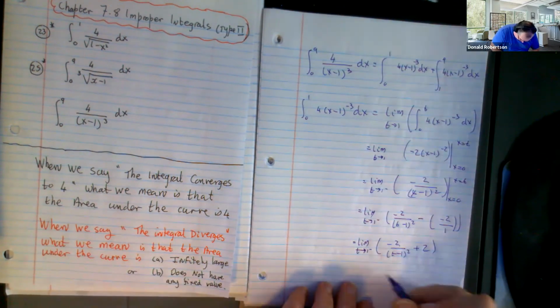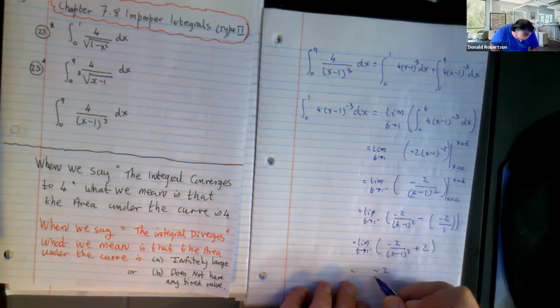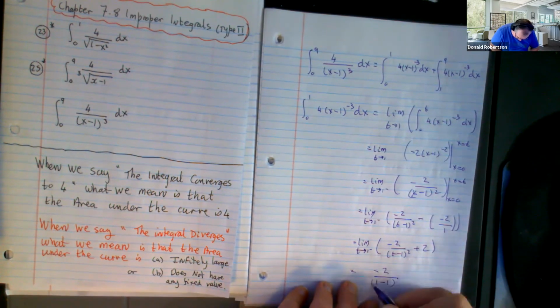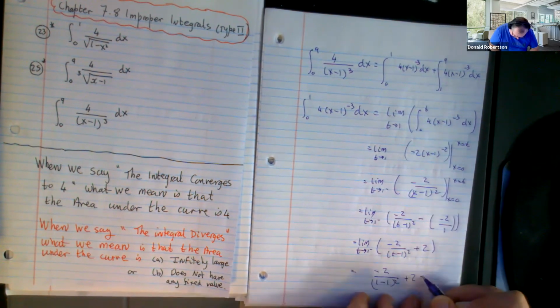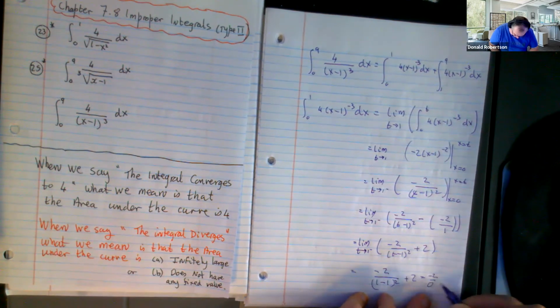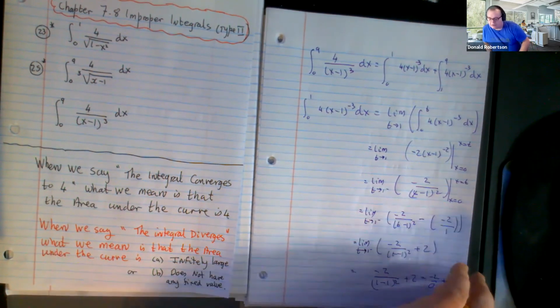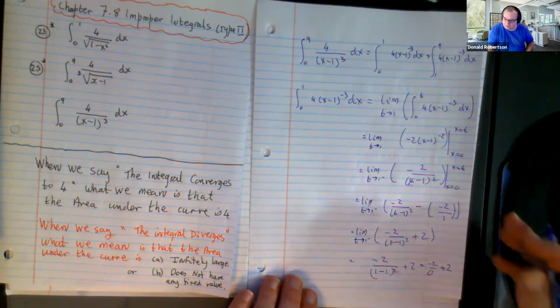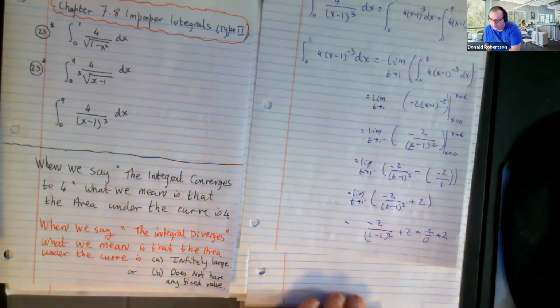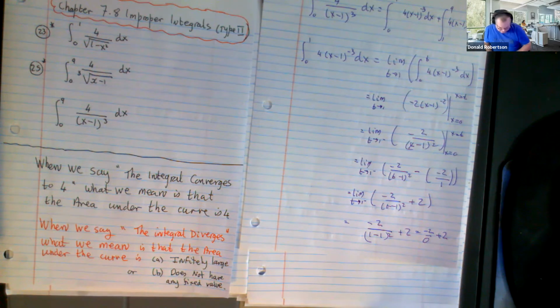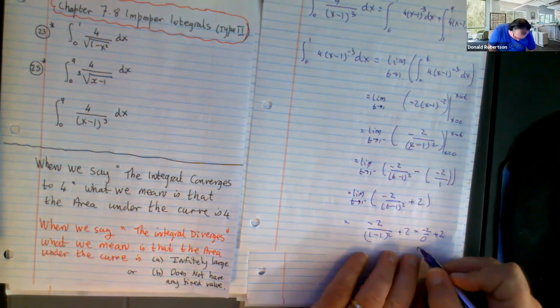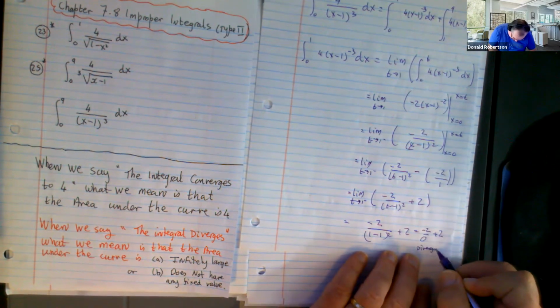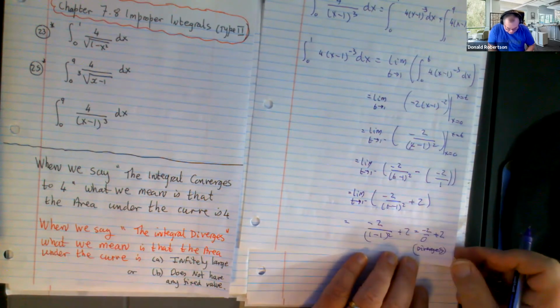Okay, let's brute force it. -2 over (1 take away 1) squared, add 2. -2 over 0, add 2. Okay, we've seen numbers divided by 0 before. Would you agree that -2 over 0 is infinite? You agree? -2 over 0 is infinitely large. And that means this diverges. If your area is infinite, it diverges.